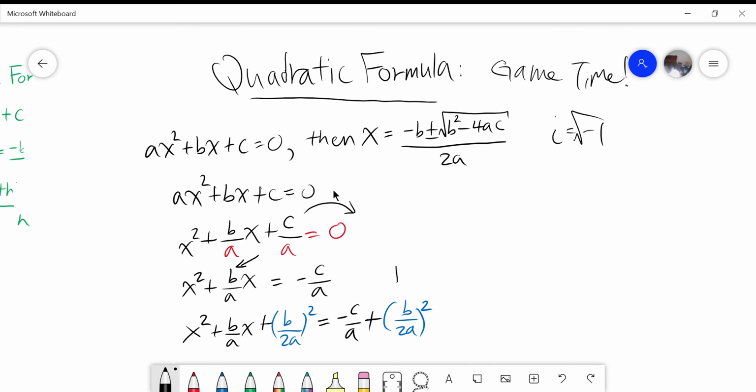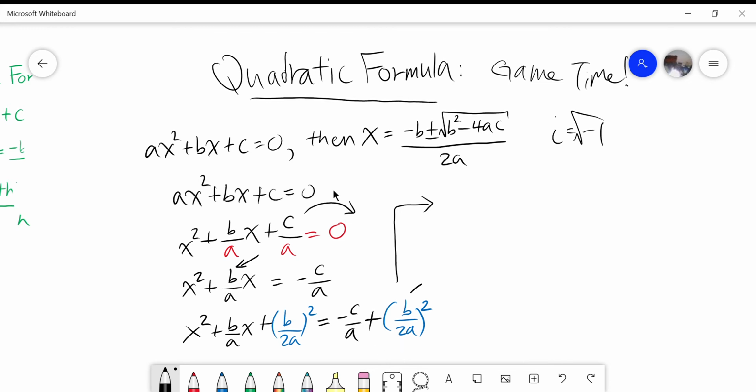Now we just need to do some simplifying. Okay, this right over here, this we can simplify. We're going to focus on this part first. This simplifies to c over a. Okay, let's do it somewhere else.